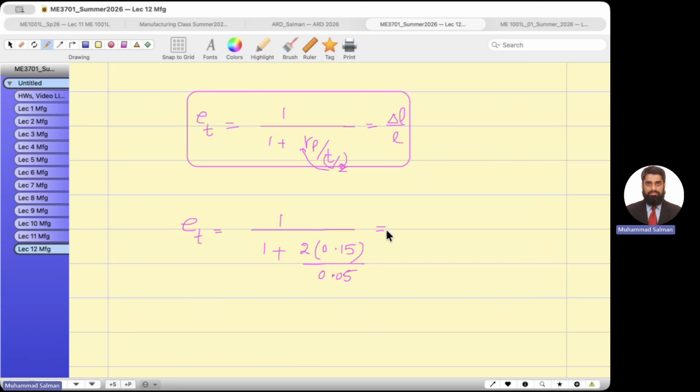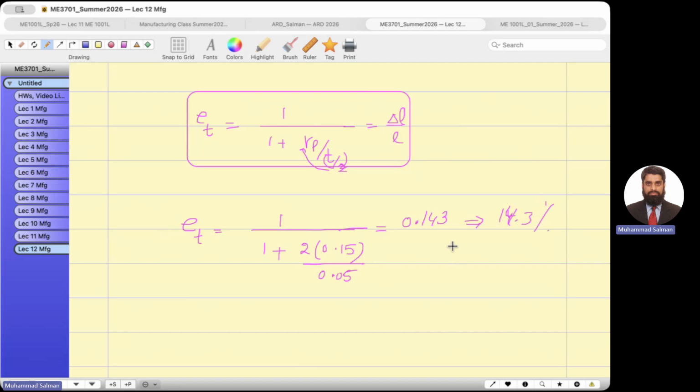How much is the E tensile? Is it 0.143? That means it is 14.3%.